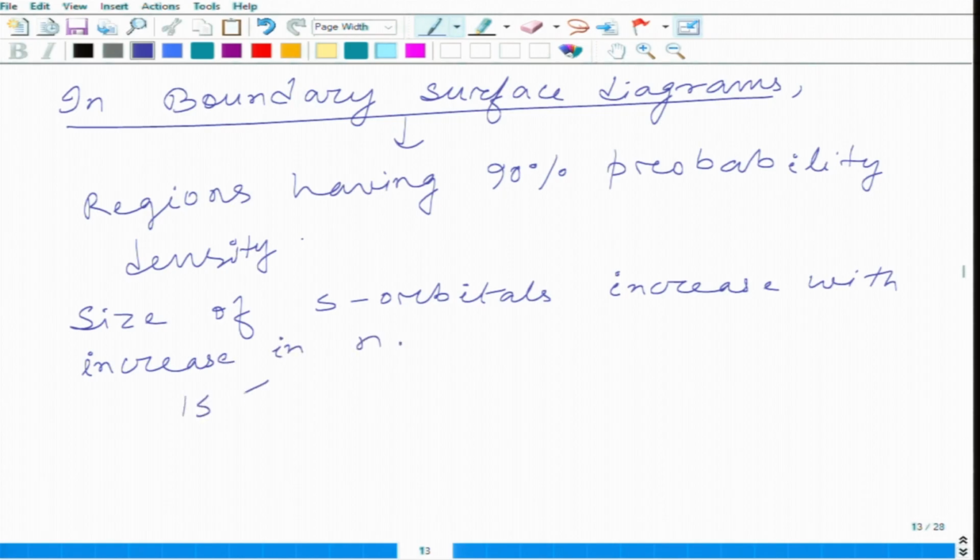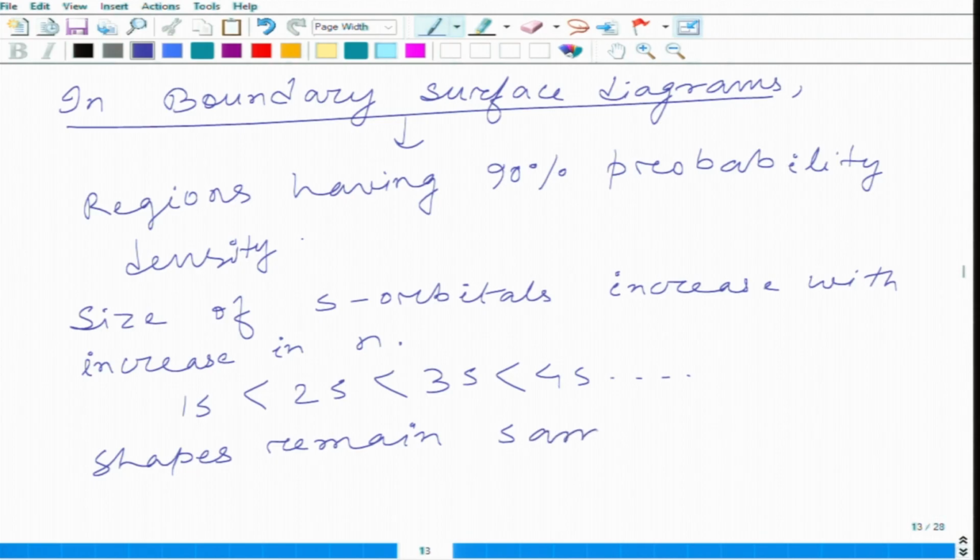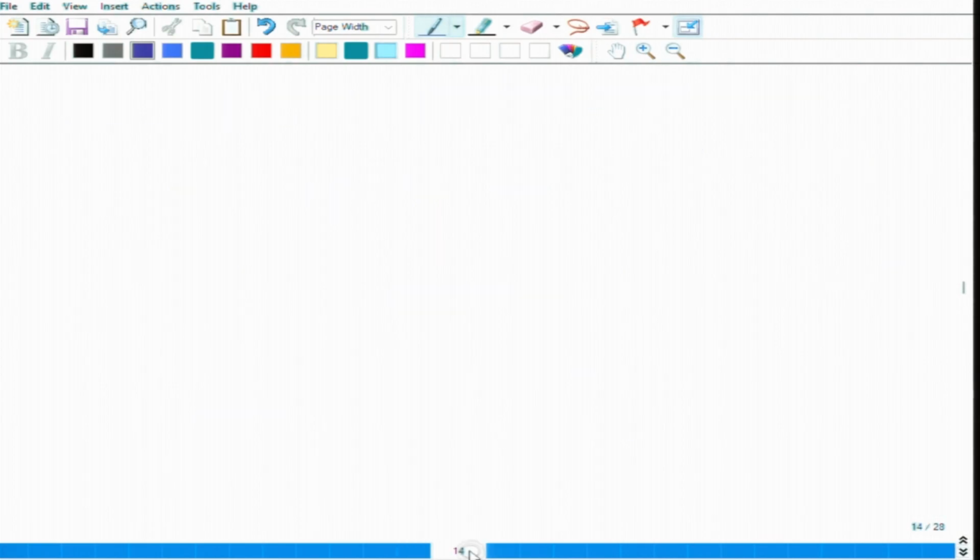That is, 1s is smaller than 2s, 2s is smaller than 3s, and so on. The shapes will remain the same, but the size will increase. Now, we will see the shape of the p orbital.